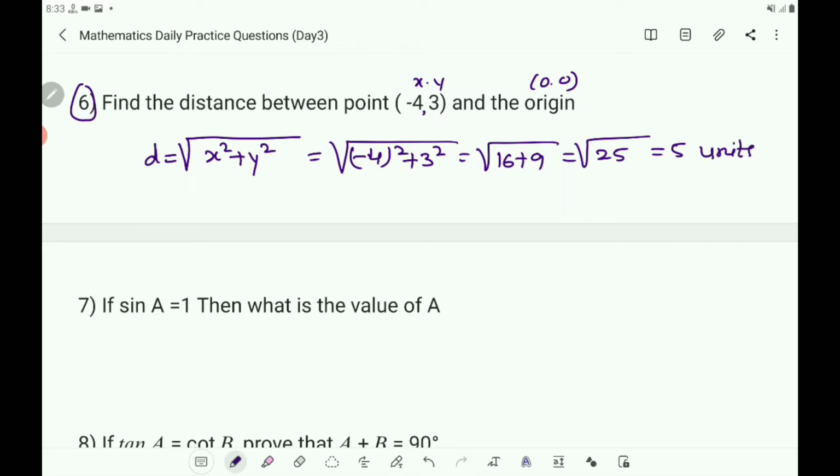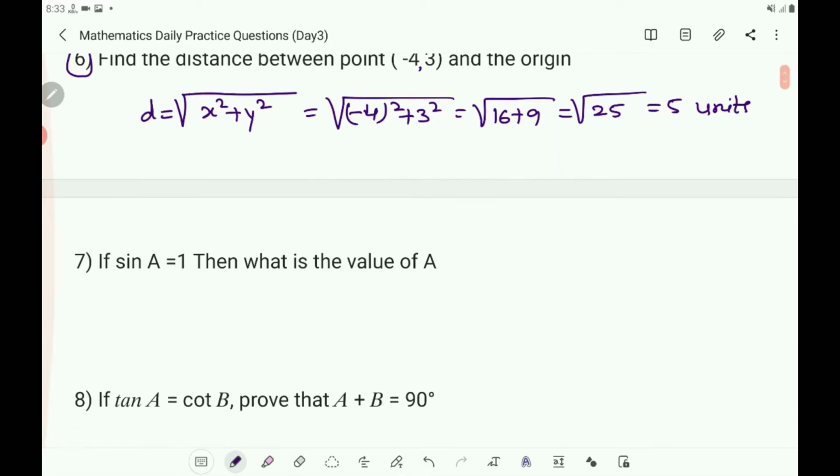So the distance between the point (-4, 3) and origin is 5 units.